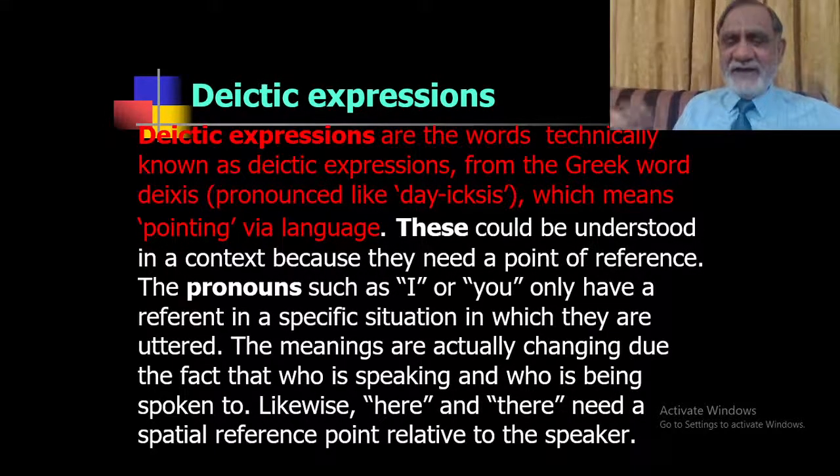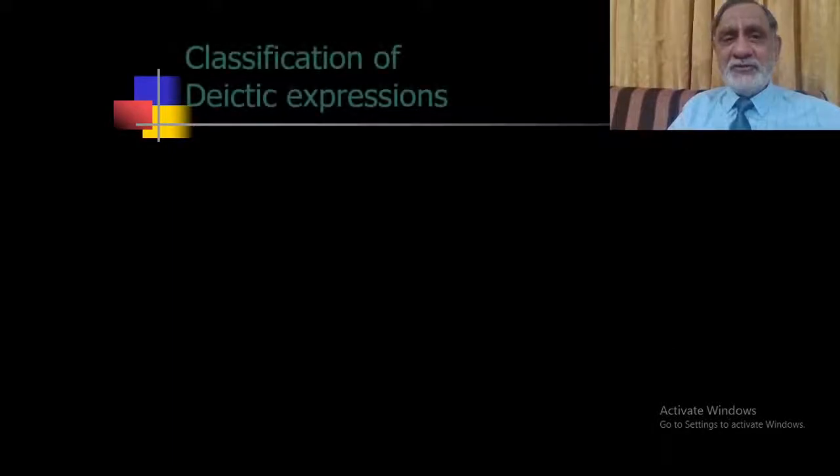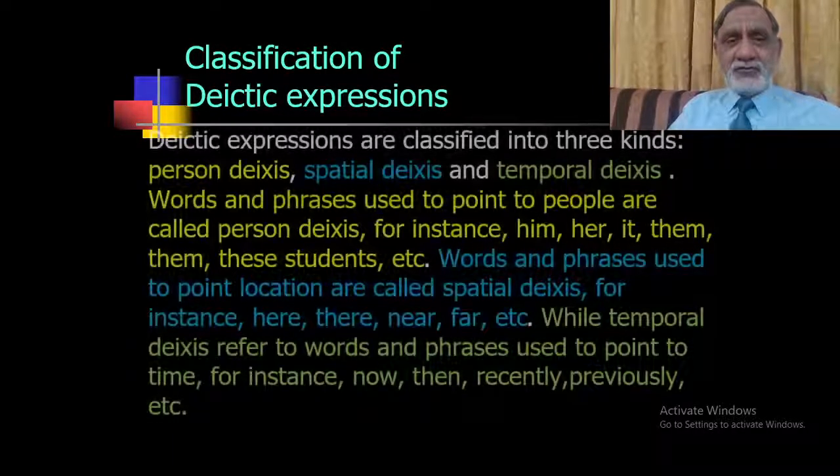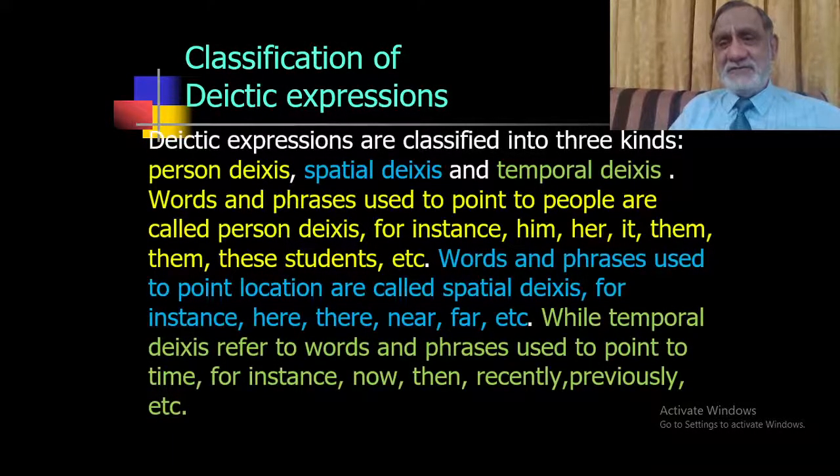For instance, here and there. Now that is a special reference, pointing relative to the speaker. So the classifications can be three types: personal deixis, spatial deixis, and temporal deixis. Words and phrases used to point to people are called personal, for instance, him, her, it, them, these pronouns.